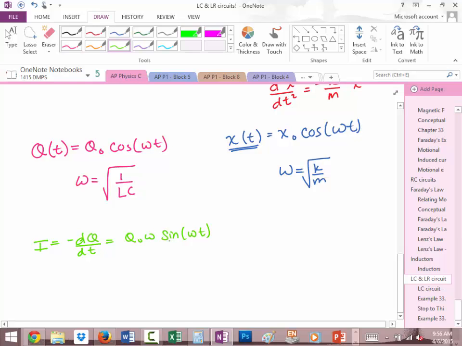If you wanted to know the current at any given moment, like in a problem. You've taken this derivative before, when we were doing simple harmonic motion. I feel like that should come to I naught. Yes, it is. Q naught omega is equal to the maximum current.